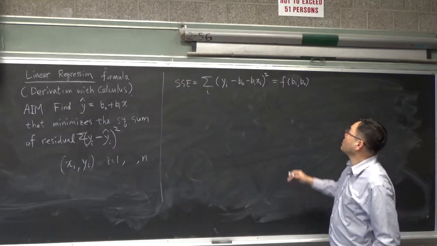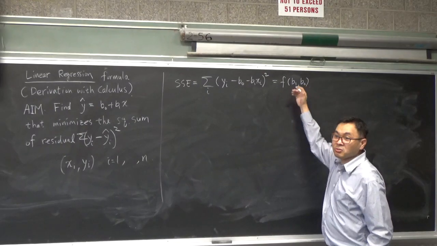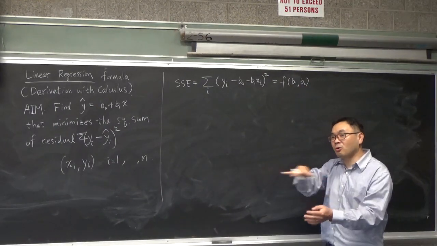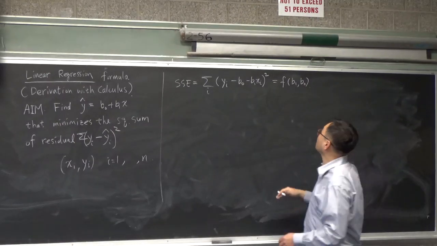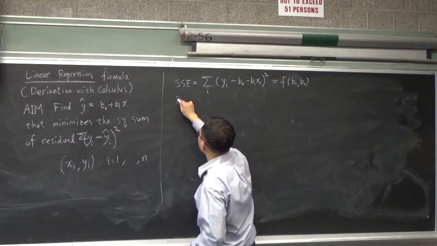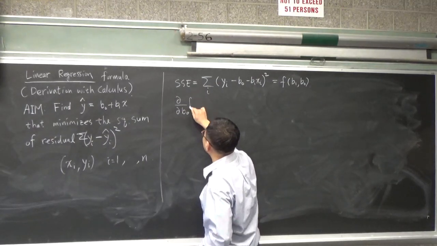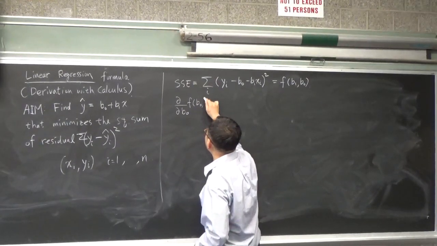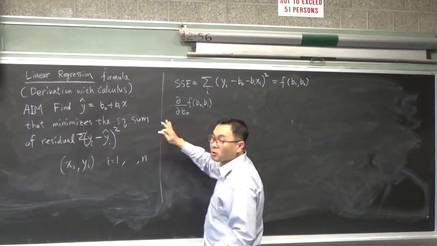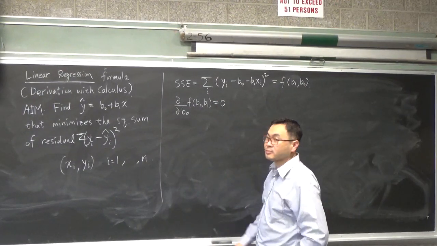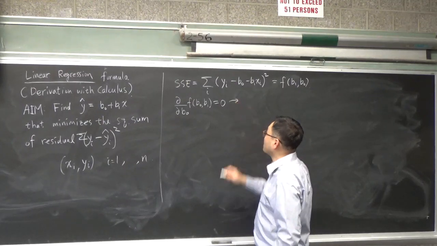We're going to think of this as a two-variable function, but if it attains its minimum at the minimum point, all the slopes are zero, so we do a partial derivative with respect to b0 of this thing, f(b0, b1). And then we know that at the minimum, this has to be 0.